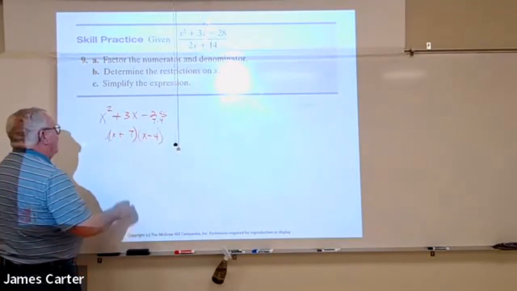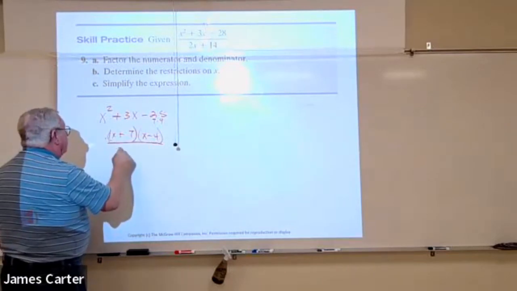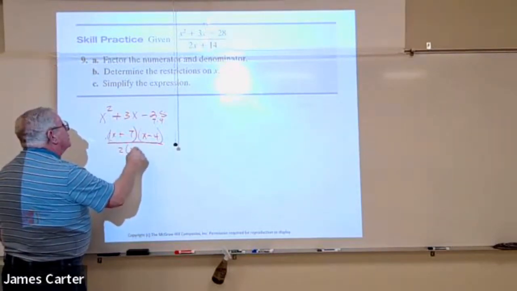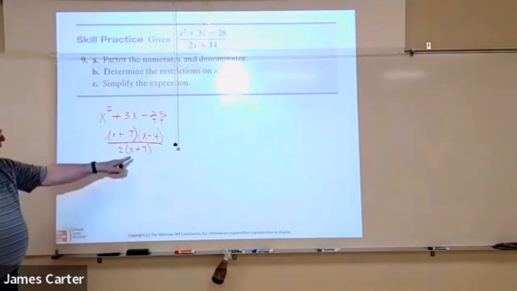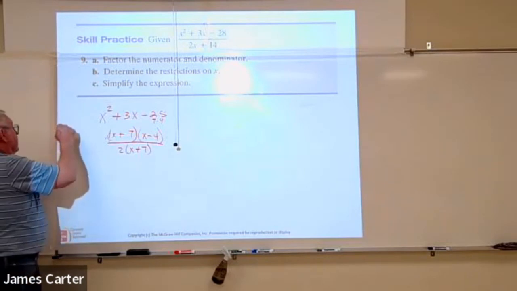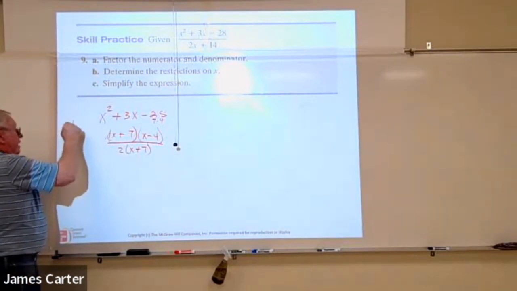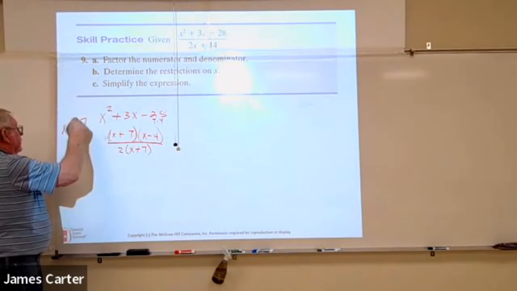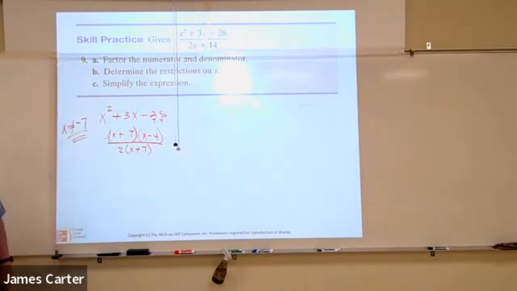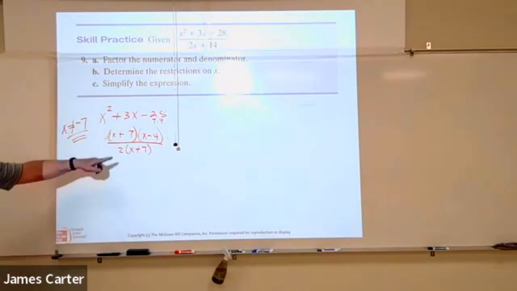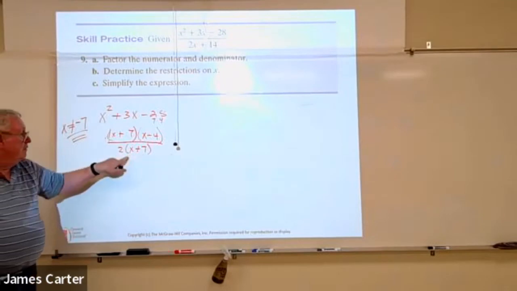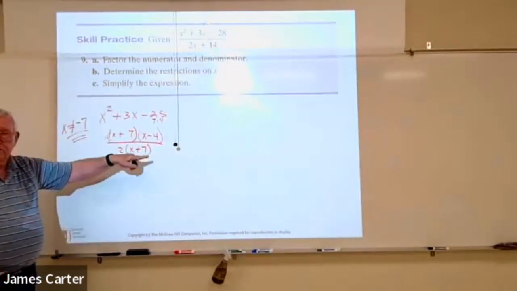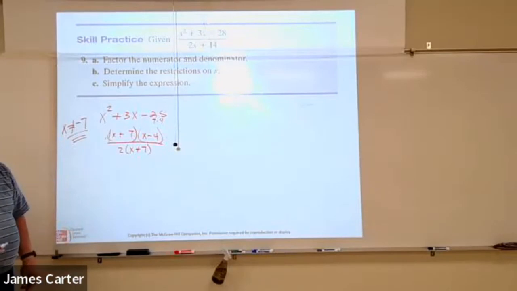Over 2 times x plus 7. Now I can look at this right now and I can make the statement, x is not negative 7. Are you with me on that? If this equals 0, then x would be negative 7, which you can't use.